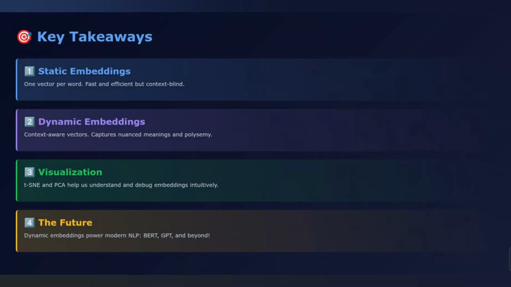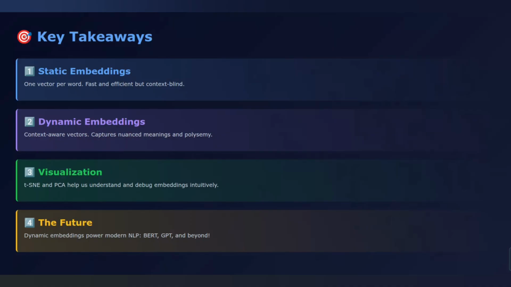Let's recap the key takeaways from today's tutorial. Number 1. Static embeddings, like Word2Vec and GloVe, assign 1 vector per word. They're fast and efficient, but completely context-blind. Number 2. Dynamic embeddings, like ELMo and BERT, create context-aware vectors that capture nuanced meanings and handle polysemy.